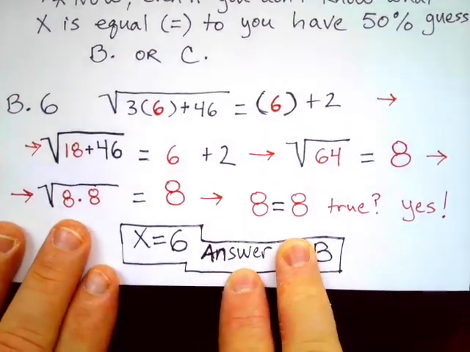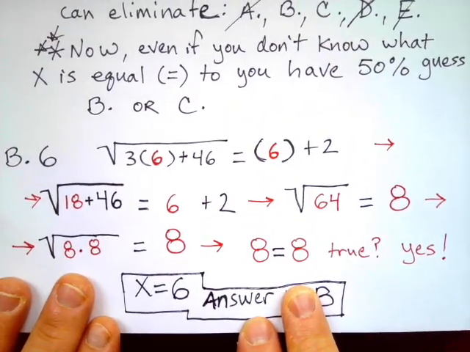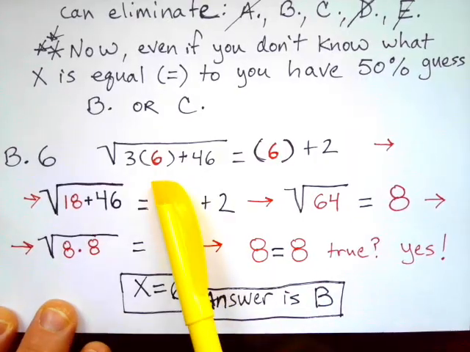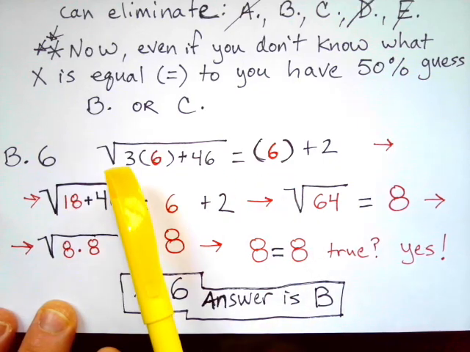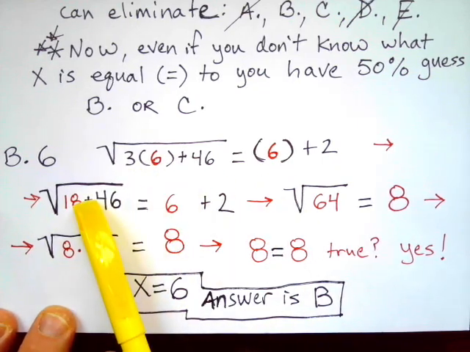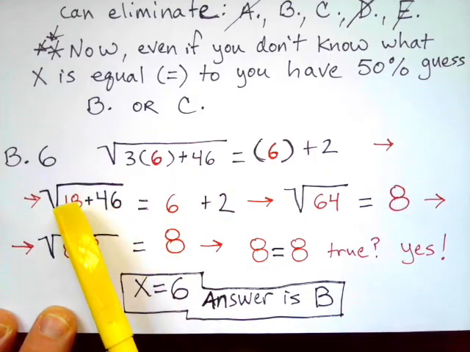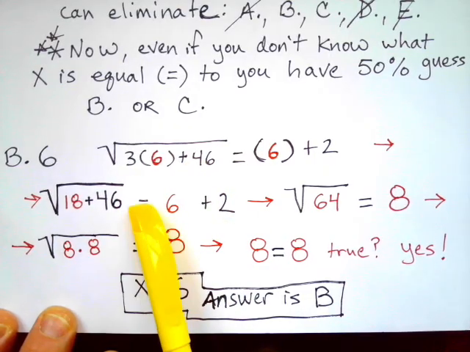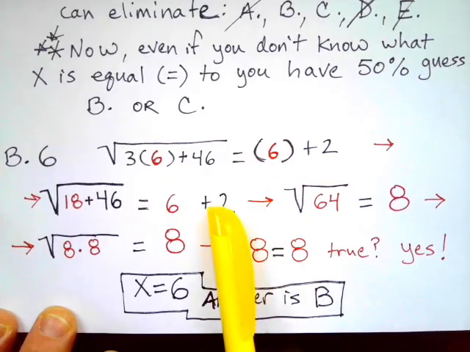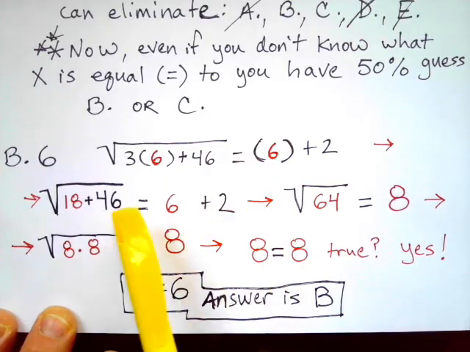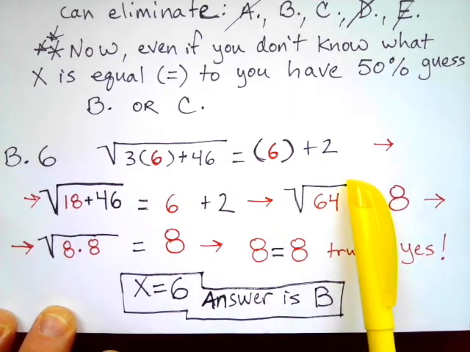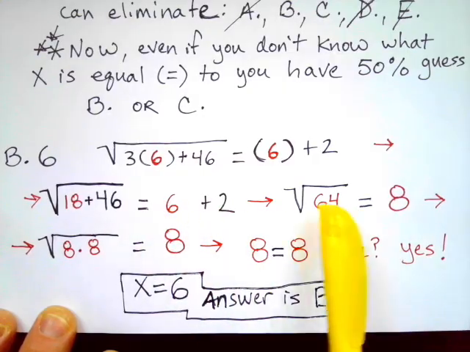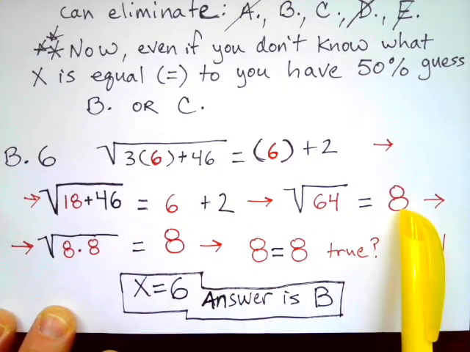So, as you can see here, I substitute a 6 for x on both sides of the equal sign. 3 times 6 is 18. Plus 46. Don't forget that radical. Equals 6 plus 2, which is right here. 18 plus 46 is 64 inside the radical equals 6 plus 2 is 8.